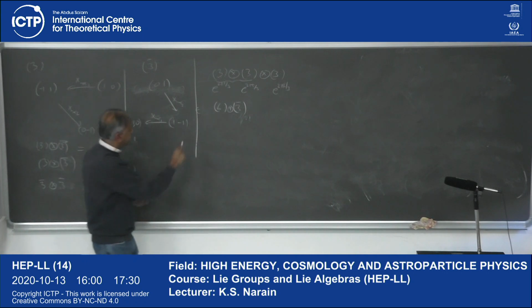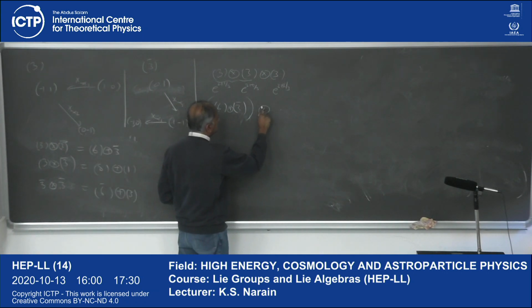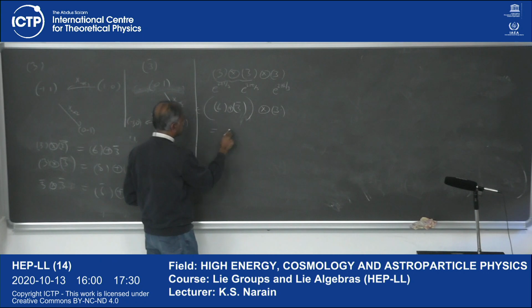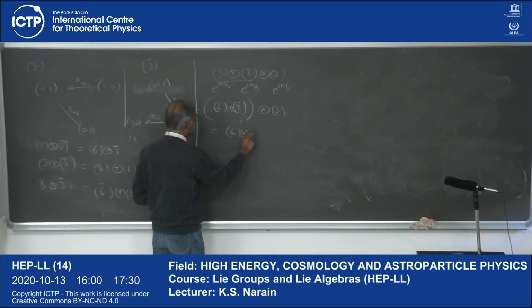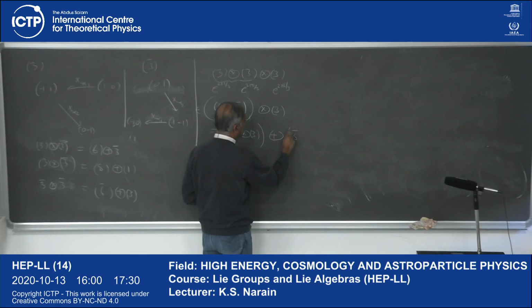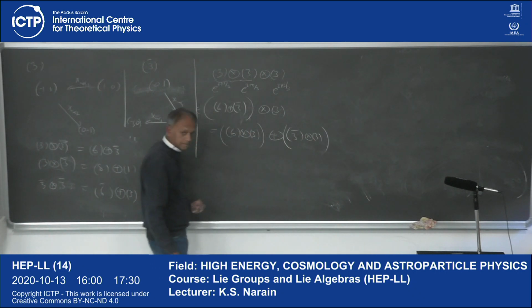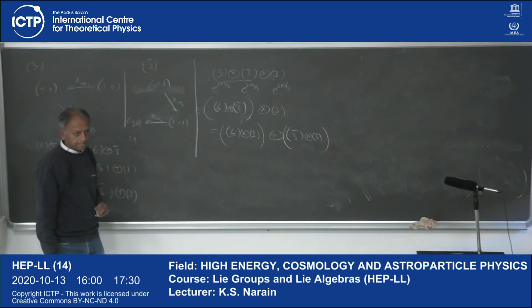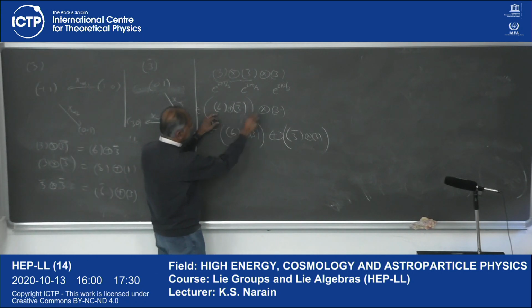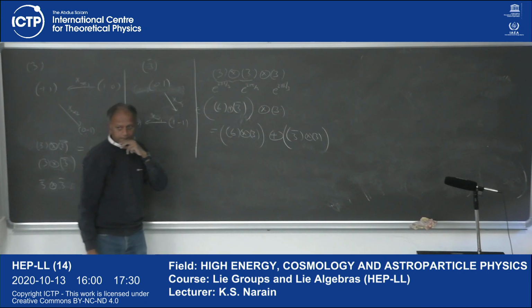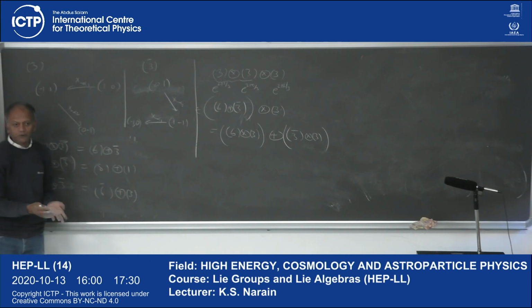Then I take the tensor product of this with 3, which is the same as the tensor product of 6 with 3 plus the tensor product of 3 bar with 3. This is the direct sum, right? So I would take the tensor product of this with that, plus the tensor product of this with that. This is like the distributive law, no? When you take the product and your sum inside.